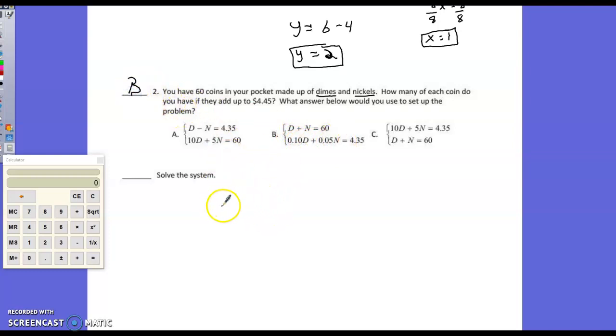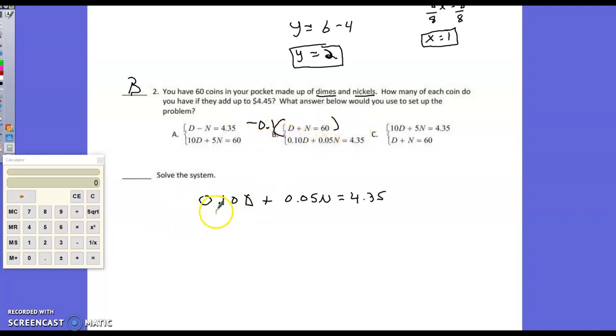And then if we're going to solve it, we have 0.10D plus 0.05N equals 4.35. We're going to make the D's cancel out, so the other equation is going to be multiplied by negative 0.1.